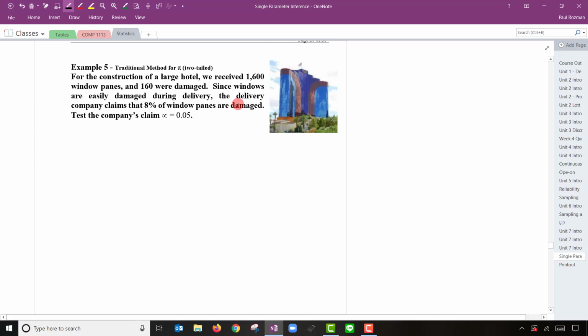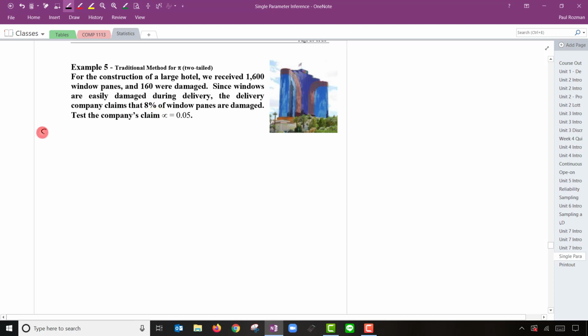The company delivering them says that on average, we'd expect around 8% of these things to be damaged. So we're going to test their claim. They're claiming that the proportion of broken window panes is 8%.